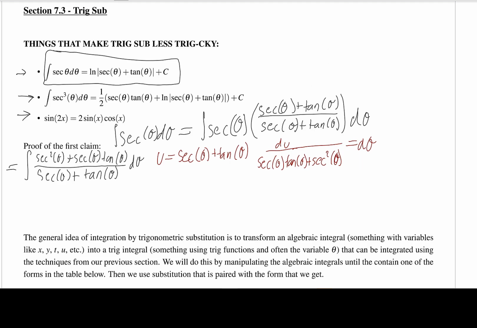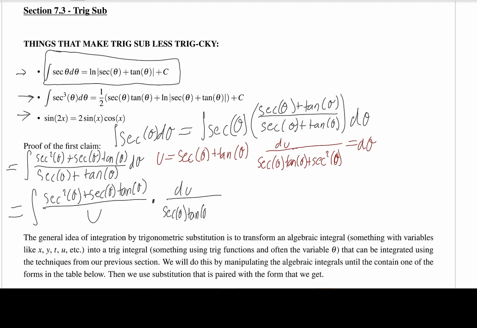And so now I can substitute that back into our integral. We'll get the integral of secant squared theta plus secant theta tan theta divided by u, times d theta, which is equal to du over secant theta tan theta plus secant squared theta.